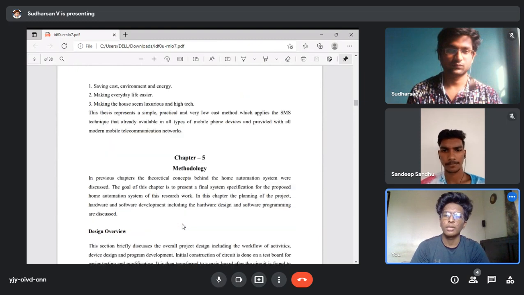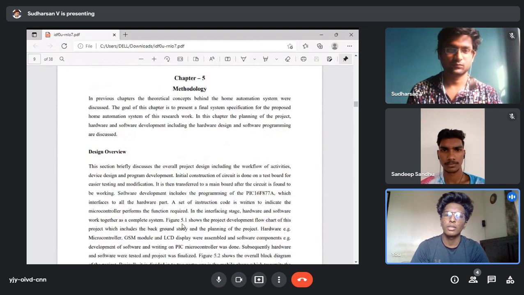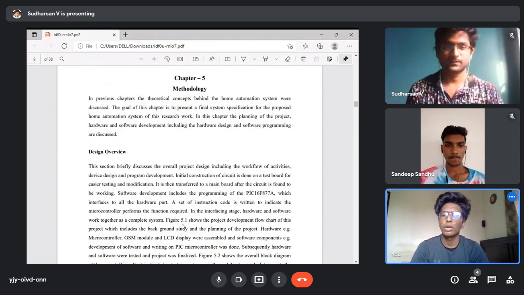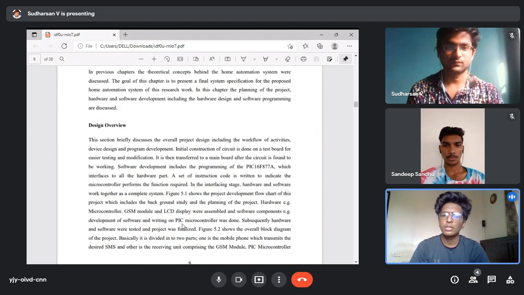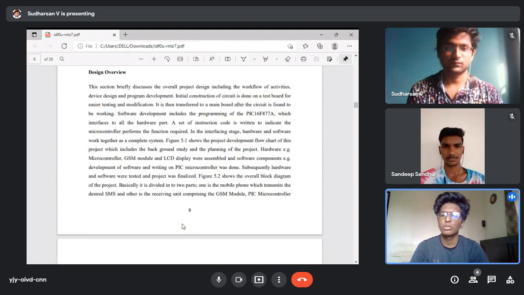Chapter 5: Methodology. In the previous chapter, the theoretical concepts behind the home automation system were discussed. The goal of this chapter is to present the final system specification of the proposed home automation system. Design overview: this section briefly discusses the overall project design, including the flow of activities of the devices, like the microprocessor, PIC, and GSM modules.